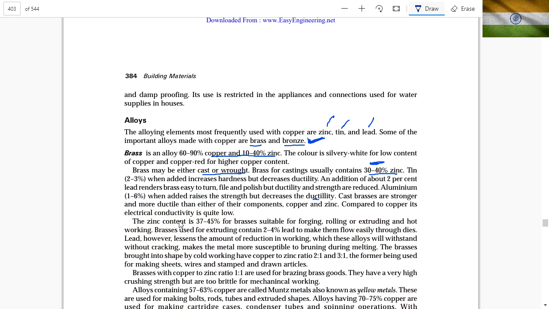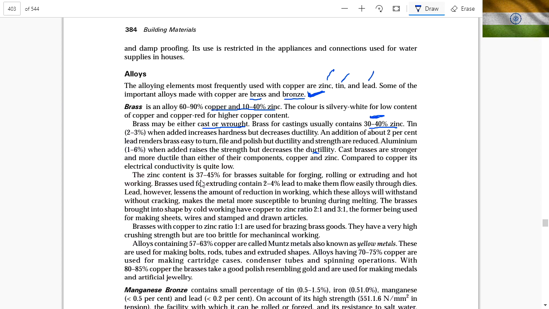Compared to copper, its electric conductivity is quite low. Zinc content of 37 to 45% is for brasses suitable for forging, rolling, or extruding and hot working. These are the words which are used in the industry, in the manufacturing of machinery.